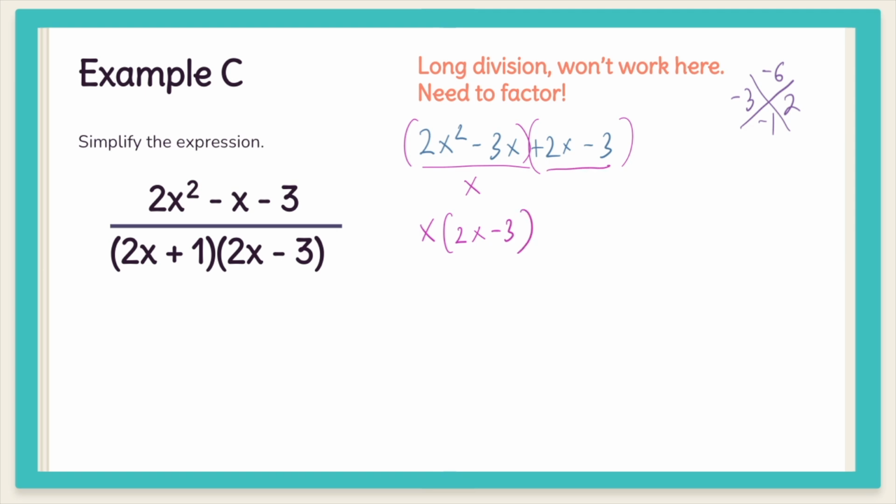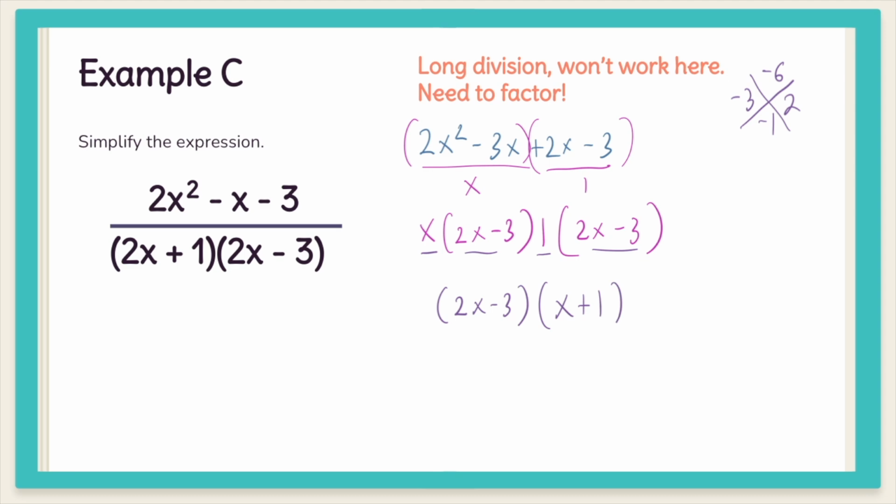It looks like I can pull out just a 1, so I'll have that on the outside. 2x divided by 1 is going to give me 2x, and negative 3 divided by 1 is going to give me negative 3. Now I know I'm on the right track because my binomials are the same, so I know that my binomials here are going to be one of my factors, so I've got 2x minus 3, and then what I've got left over is x and 1, so I've got x plus 1 as my other one.